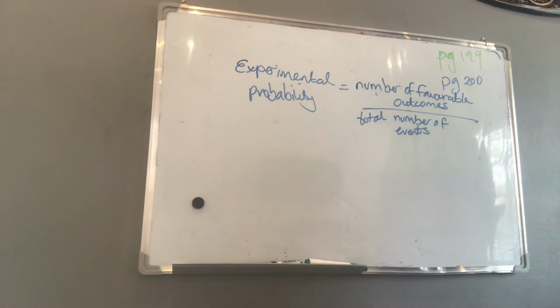The worked example says a pregnancy test states that it has a 98% accuracy in determining whether you are pregnant or not. A researcher decides to test the accuracy of the pregnancy test by testing 50 pregnant women and seeing whether the test gave a positive result.